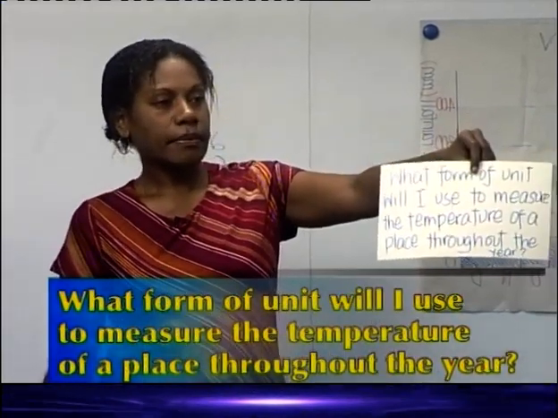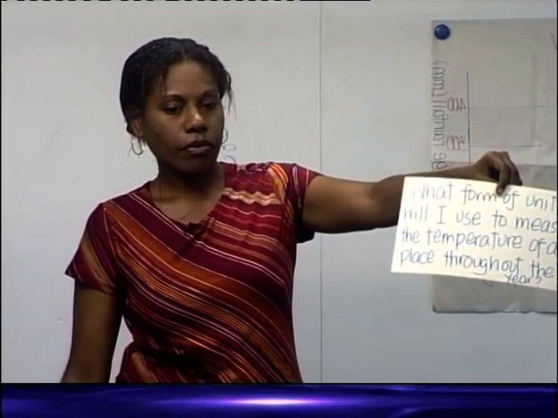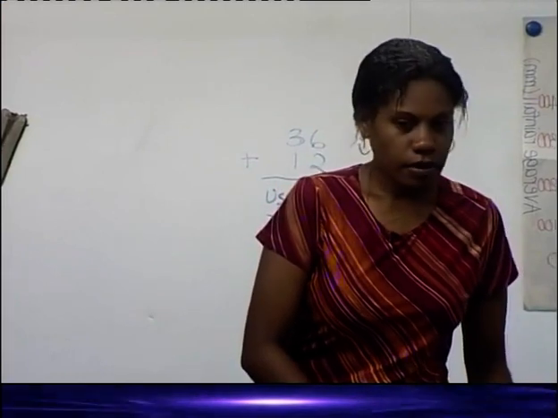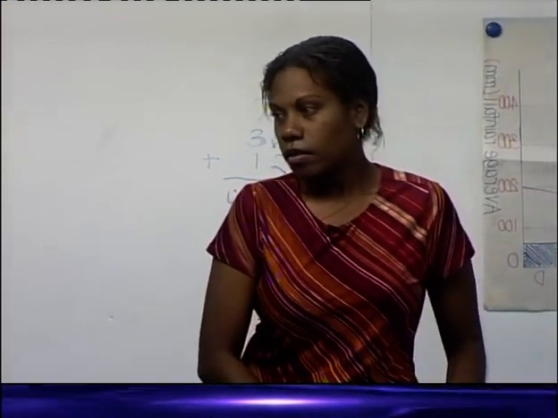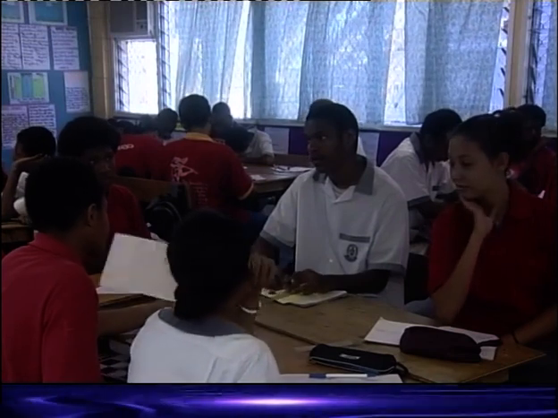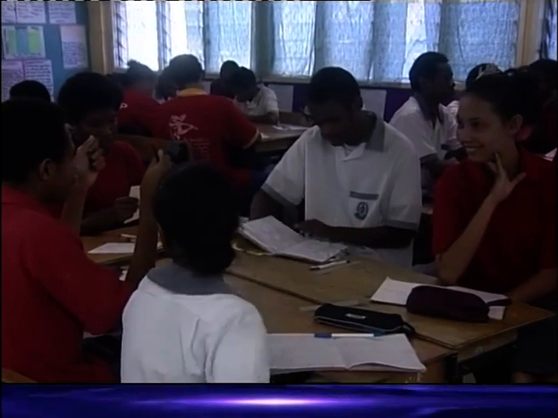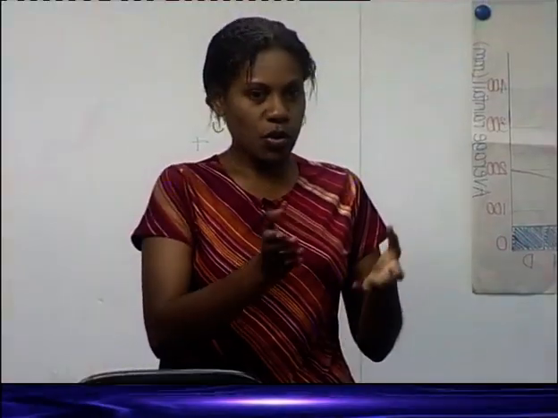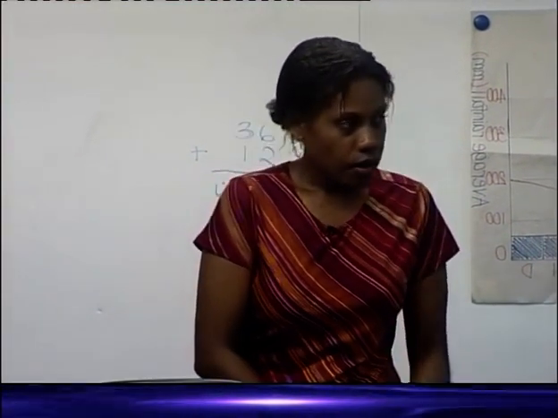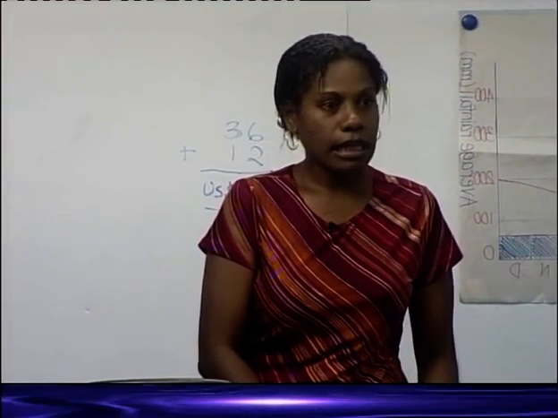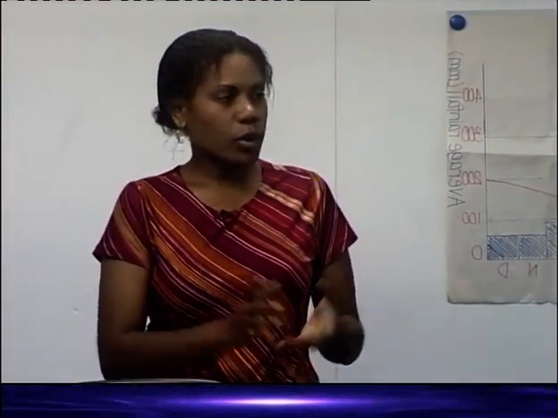Okay, I think those questions we looked at last year. We looked at some of those questions last year, so we'll see if you can still remember what a climograph is, or what we have on a line graph, or the temperature range of a place.